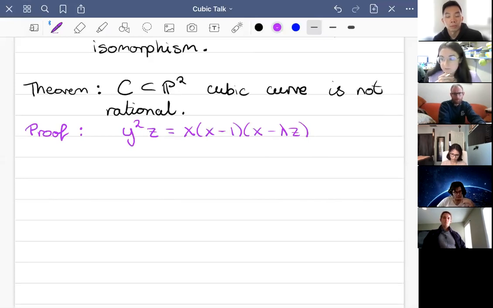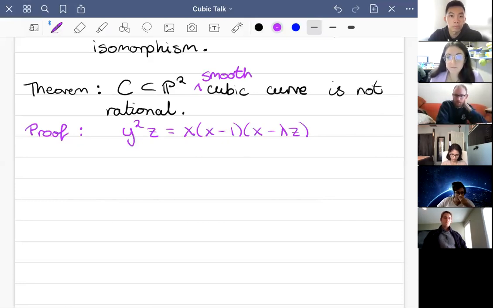Actually, as soon as it has a singular point, as soon as it has the mildest singularity, which is a node, it becomes rational. So it's only true for smooth. Okay. Can curve mean just a hypersurface of P2? Yeah, sorry, yeah.